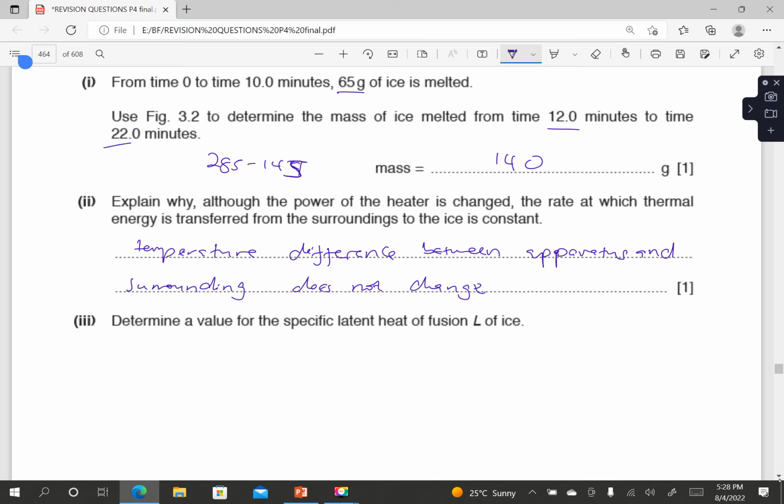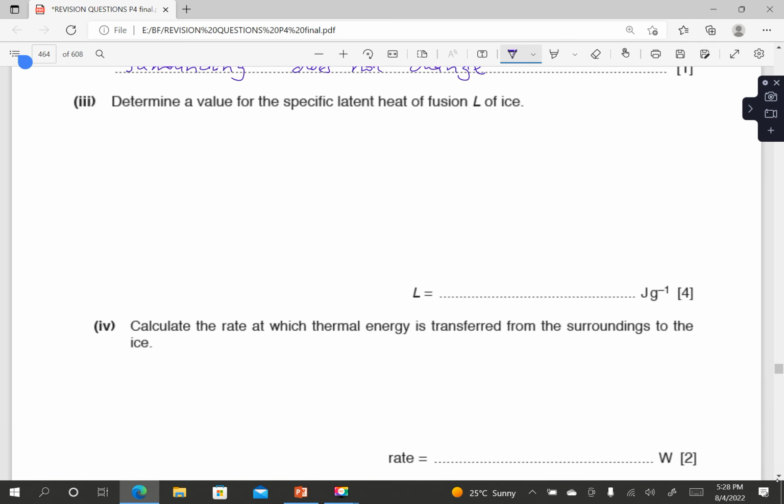Okay, so the temperature difference does not change when the ice is melting at a constant rate. So that means the thermal transfer to the surrounding remains constant.